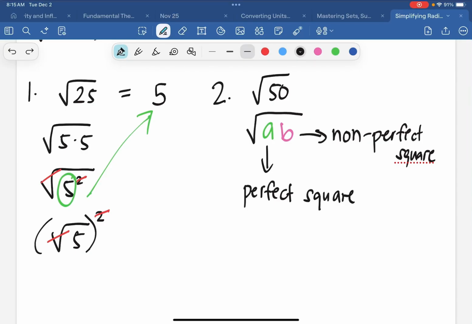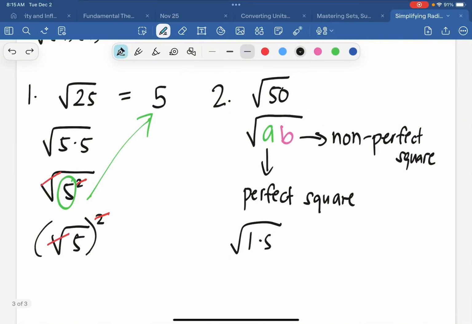Let's try 4, because obviously if you have 1 and 50, it doesn't make sense at all because the result will just be 50, and our goal here is to factor or extract the root out. So let's start with 4. I know that some of you watching might have the answer already, but just to give a sense for others who are still trying to find the answer. 4 is a perfect square, obviously.